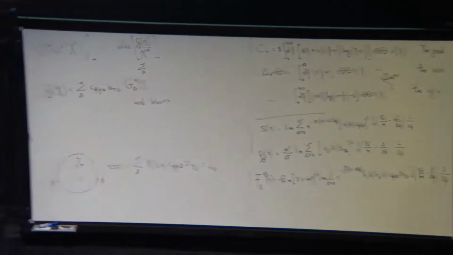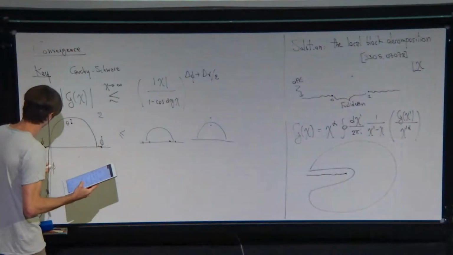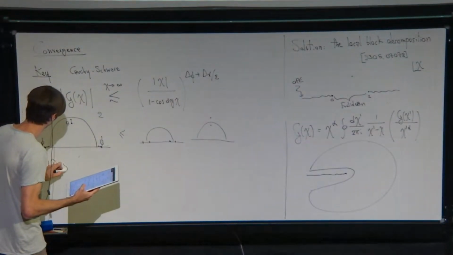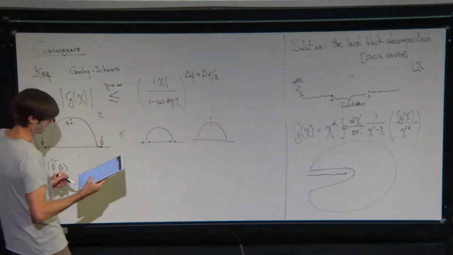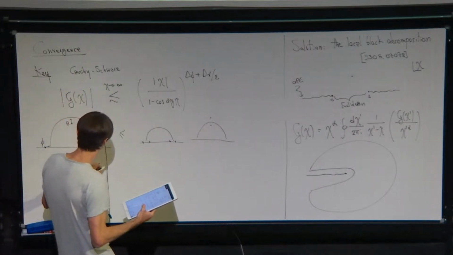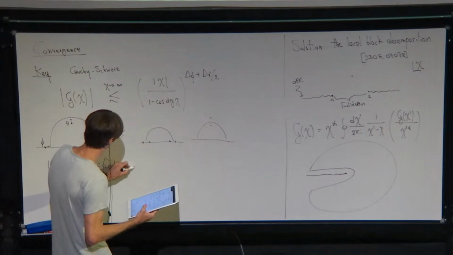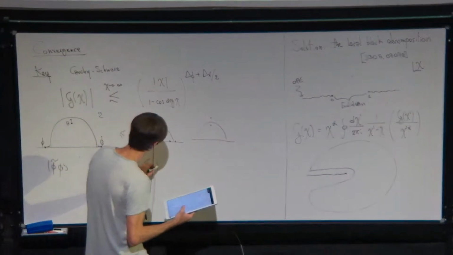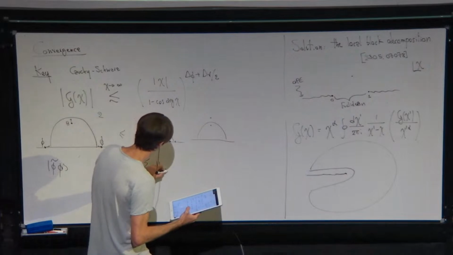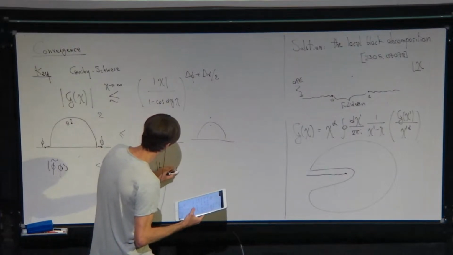The way out is just to consider a slightly different kind of state created by the phis, such that the decomposition of this overlap is actually just the sum in which the OPE coefficients appear in absolute value.